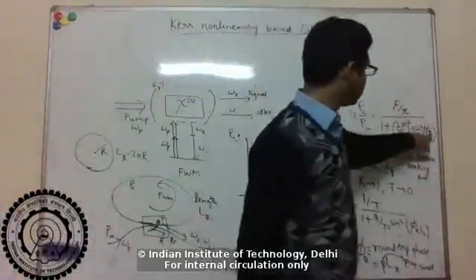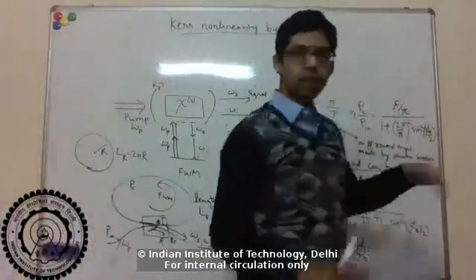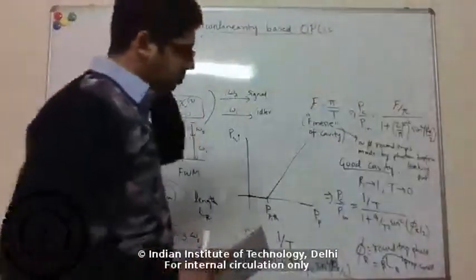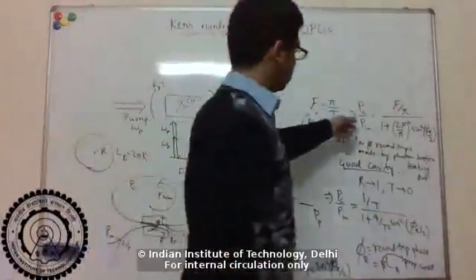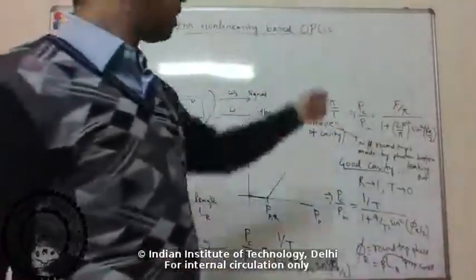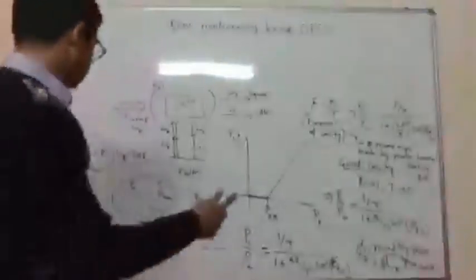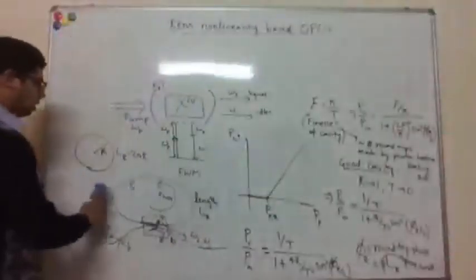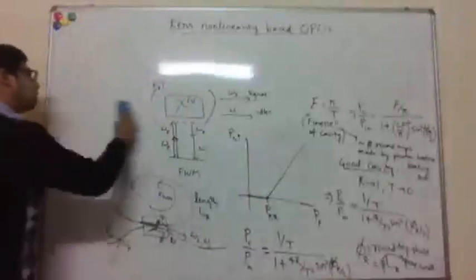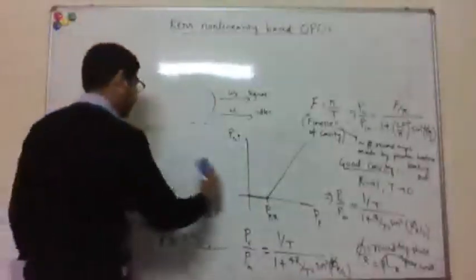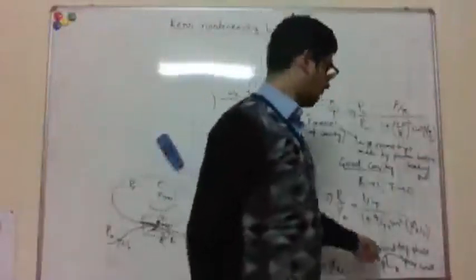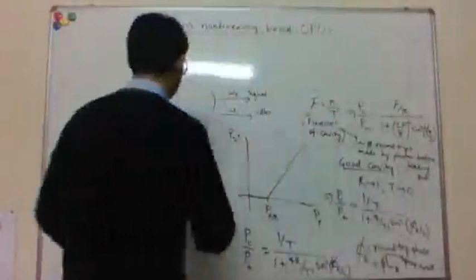So on resonance, whenever phi R, the round trip phase, becomes a multiple of pi, the power in the cavity is enhanced by a factor of the finesse. So look at the power in the cavity as a function of this phase phi R, which is a function of frequency, right?